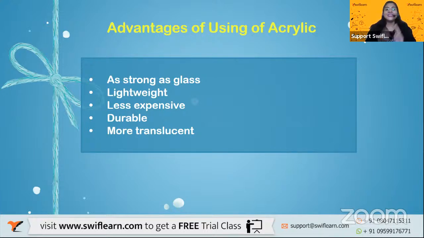Secondly, it is available in lightweight, so very easy to carry it. When you wear the sweater formed by acrylic, it is very light in weight, so it is very comfortable to us also, right? And they are less expensive, durable, and more translucent. We can use them for a long period of time, and we can get it in a very low cost, lower than the natural wool.